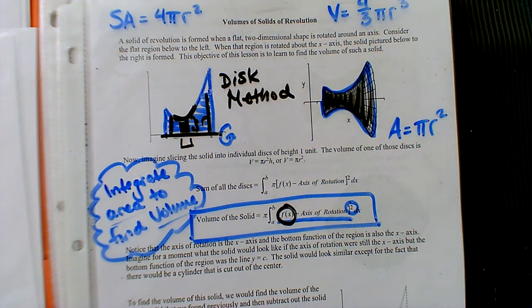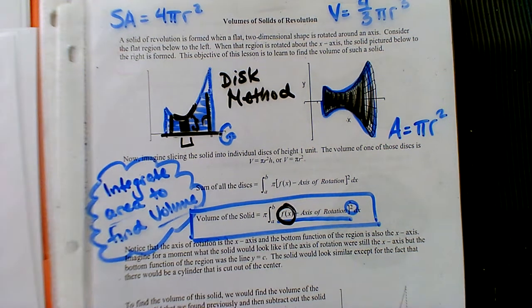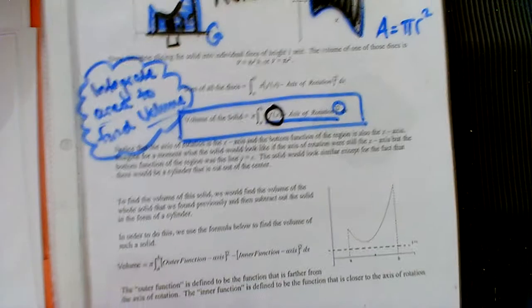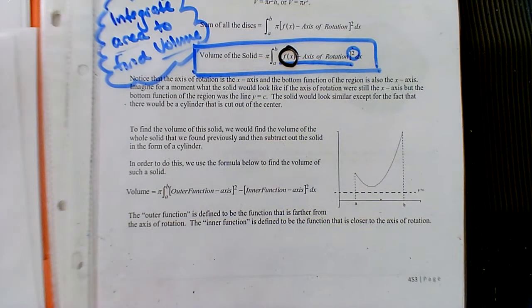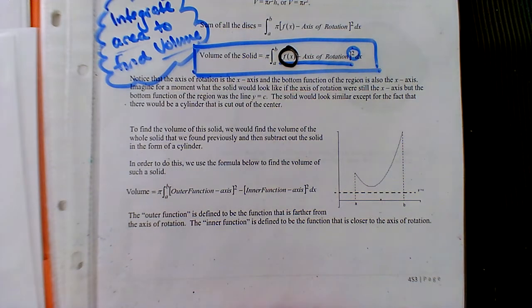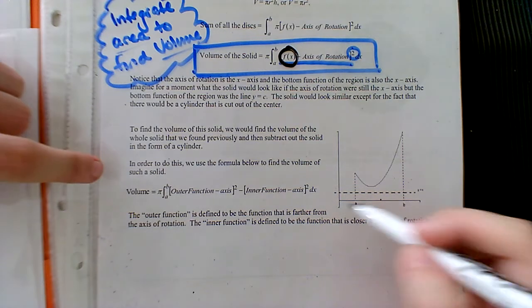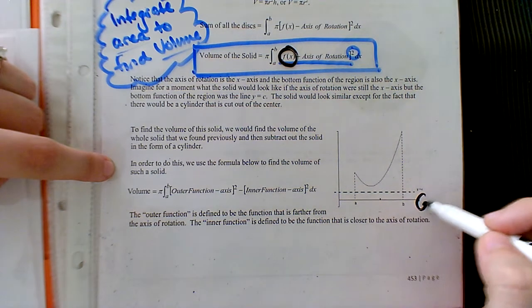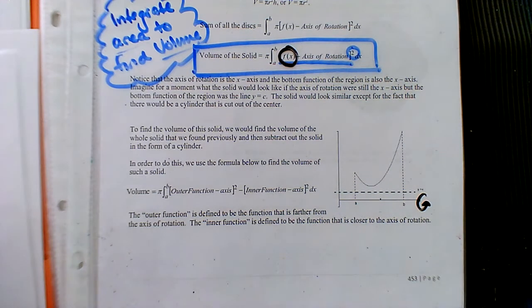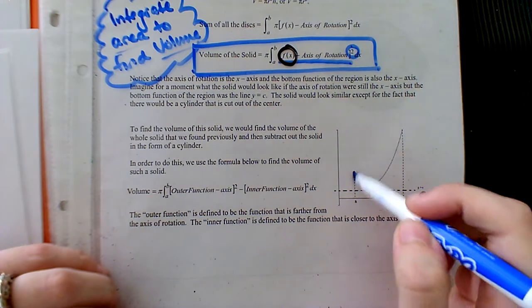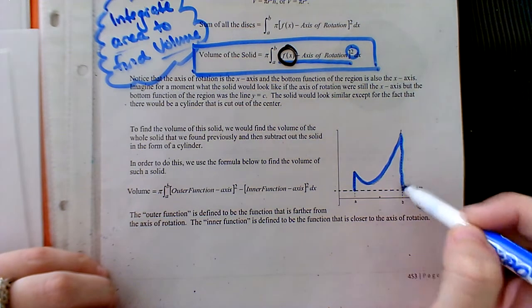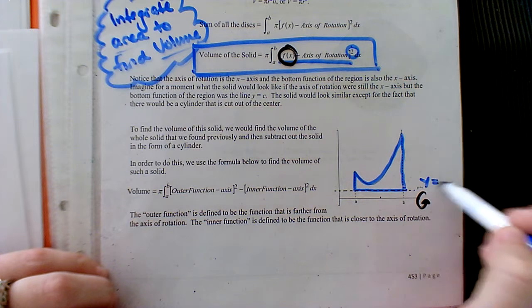Okay, so let's think about something different. What if we were to look at the same example on our paper? Notice how it's the same area, but instead of letting all of the area go down to the x-axis, which is where we were revolving it around, we're only going to let the area go to this horizontal line, y equals c.